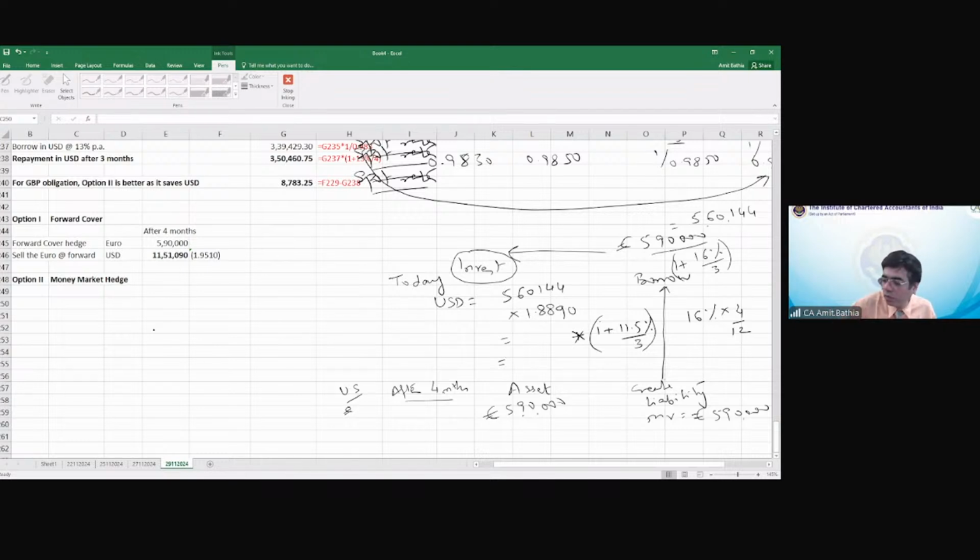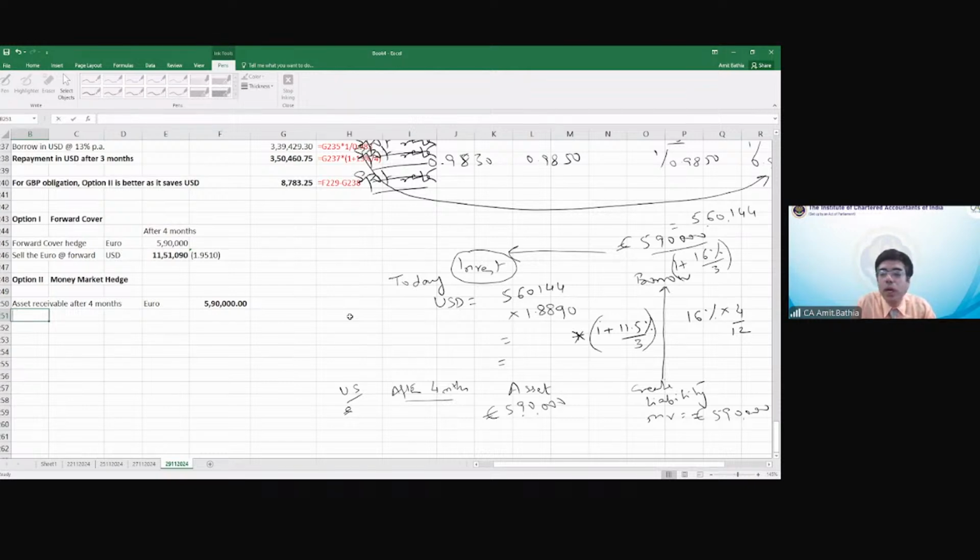So let's start now. First, I'm going to start with the asset, the receivable after 4 months, in euro. How much euro? 590,000. So we create a liability.